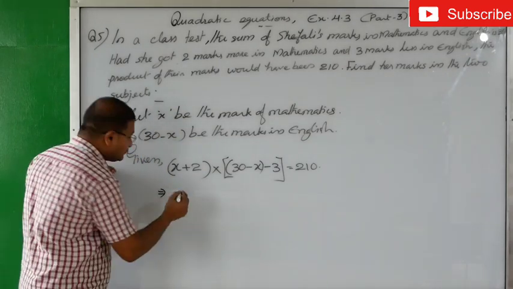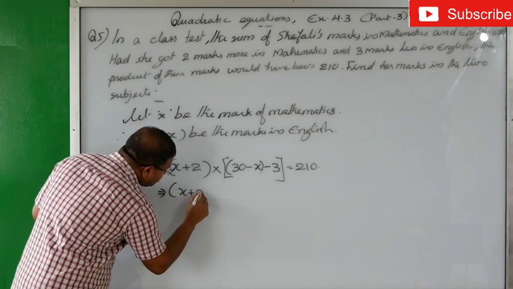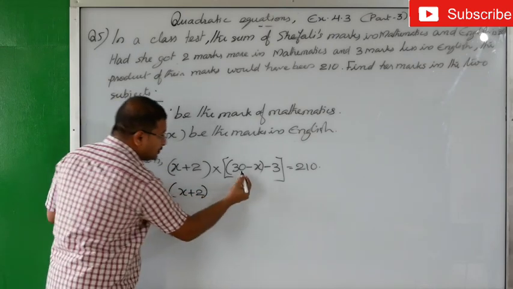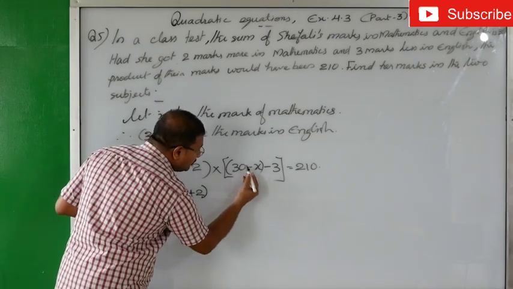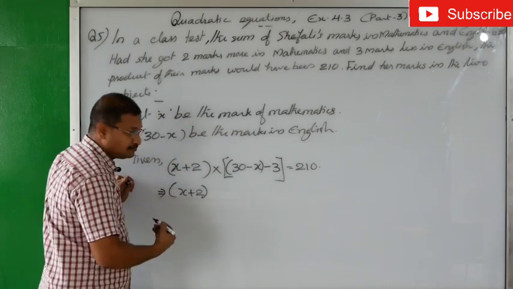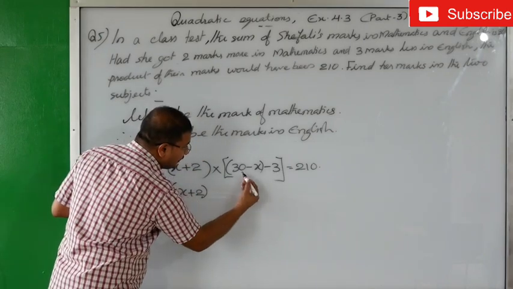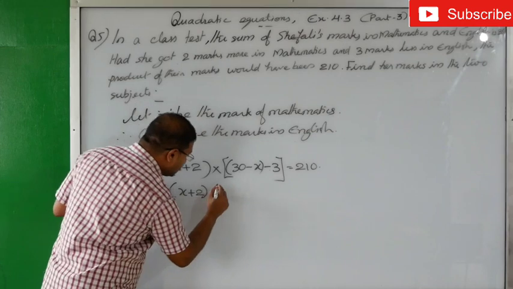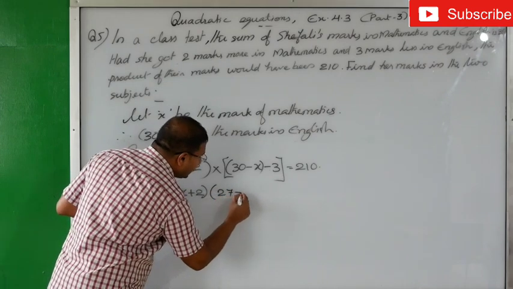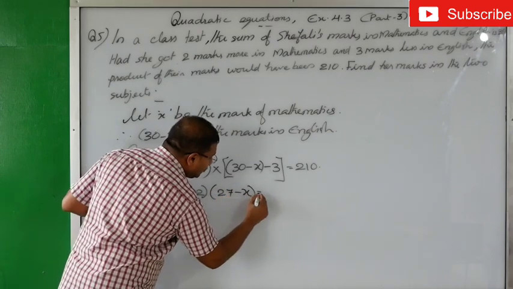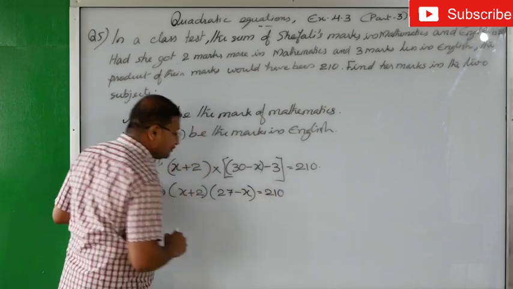This implies x plus 2 into 30 minus x minus 3, because if you open the bracket, 30 minus 3 is 27, minus x, equals 210.